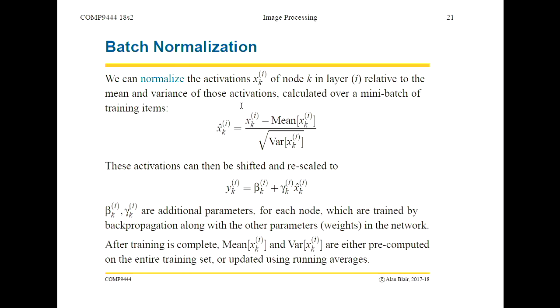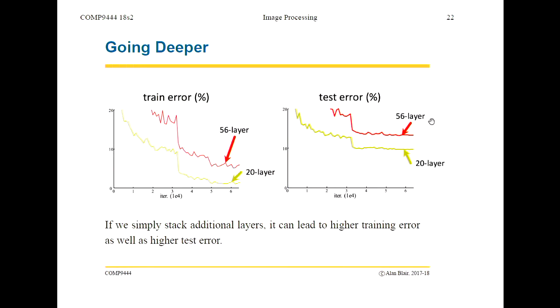It sounds a bit wild, but this actually does work in practice. The network chooses its own mean and standard deviation for the activations of each node, and it imposes those by calculating the mean and variance over a batch and rescaling accordingly.